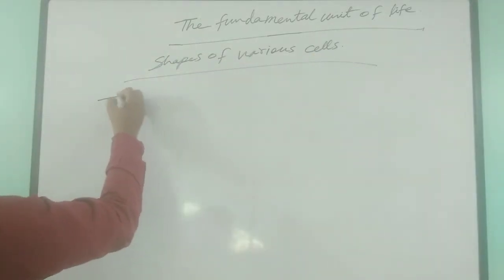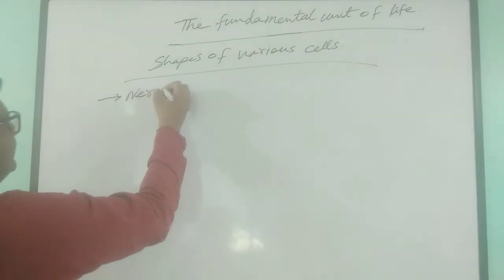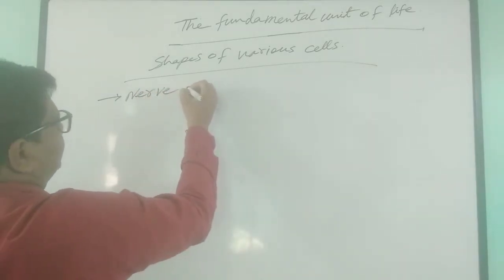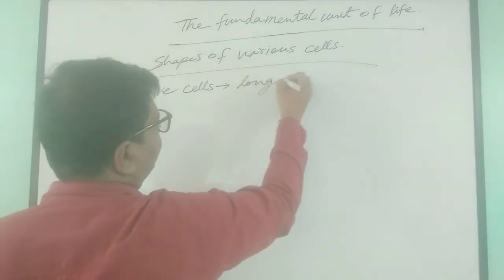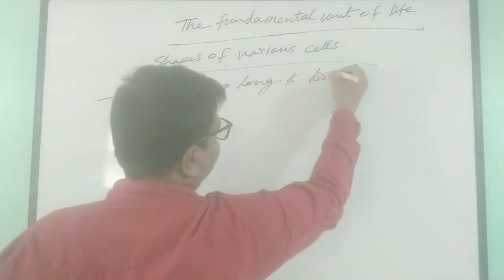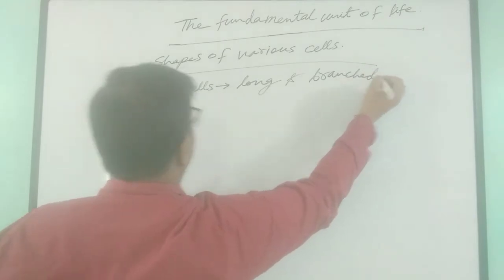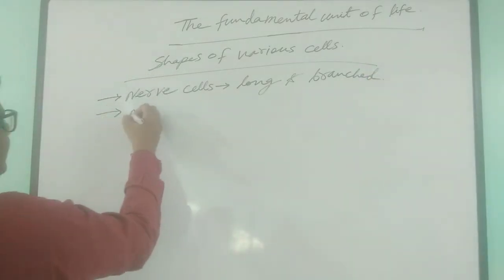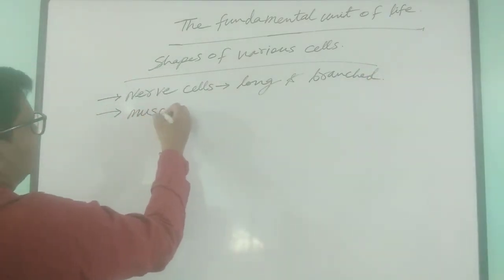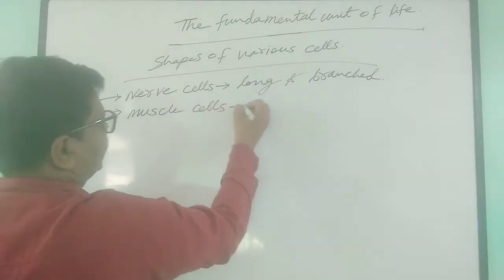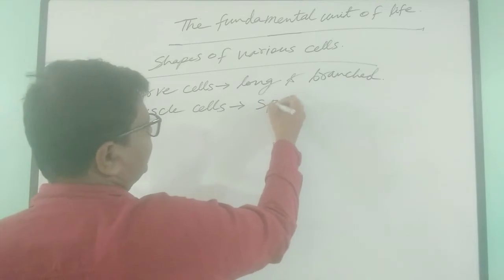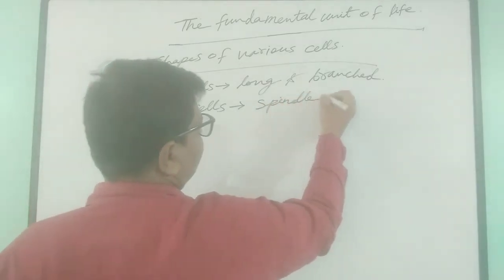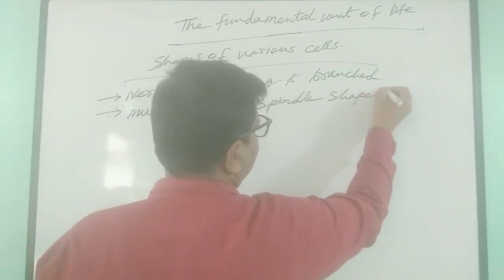First of all, nerve cells: long and branched. Muscle cells: spindle shape.